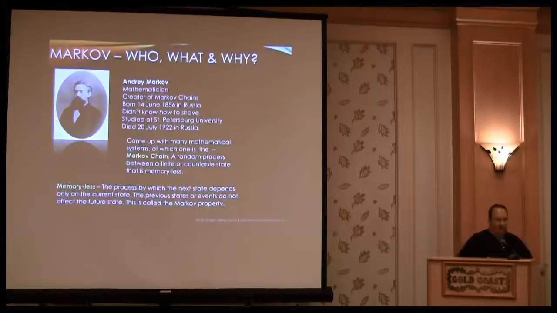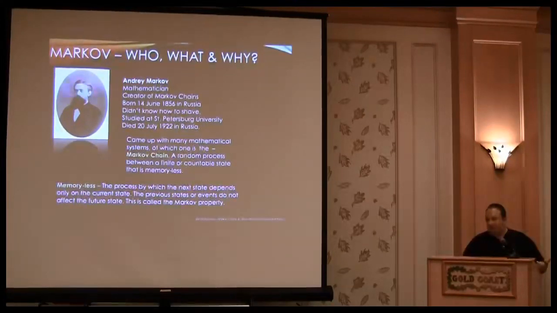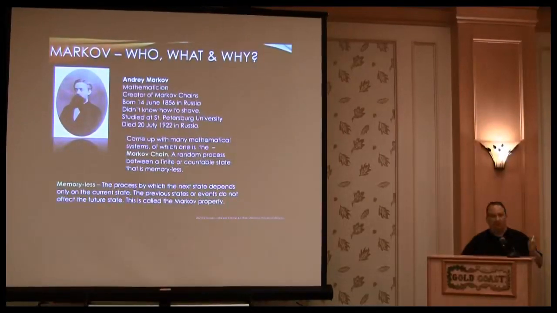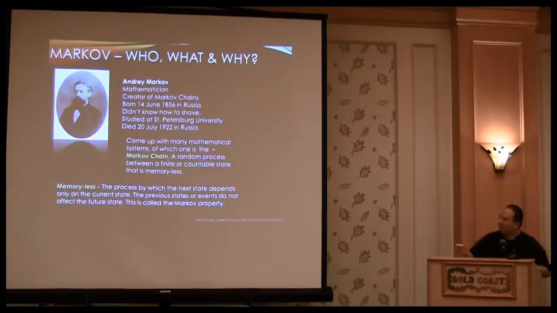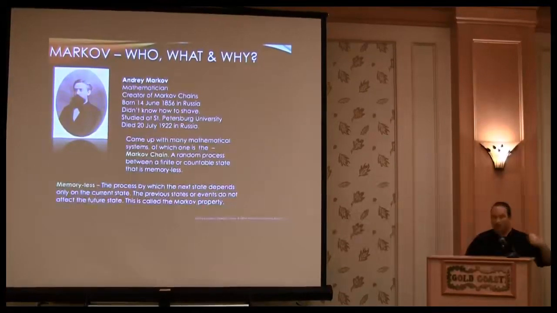You can either go right, you can go left. Now, the next step he's going to take can either be right or left, but that's very dependent on what? On the current state where he is now. The fact that he's done 10 steps before that is irrelevant, because where he is now means that he can only go left and he can only go right. And that's why it's a memoryless process, because we don't take into account what has happened.